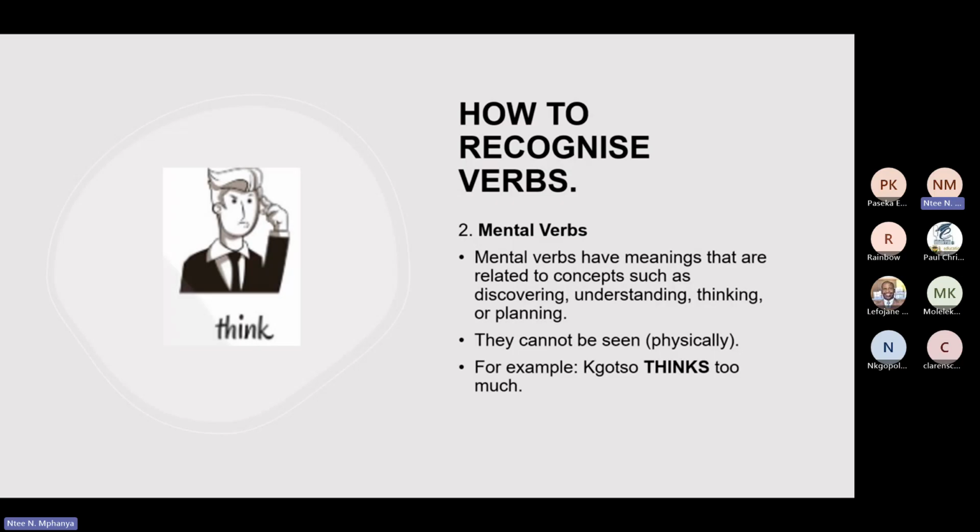He thinks too much. Can you see Khoto thinking? No. It turns out that the way Khoto is so quiet and focused, he is thinking, but you cannot see that action of thinking. That's why we say the action happens mentally.